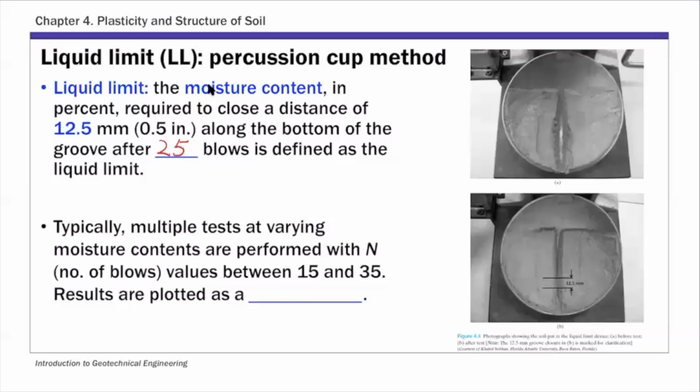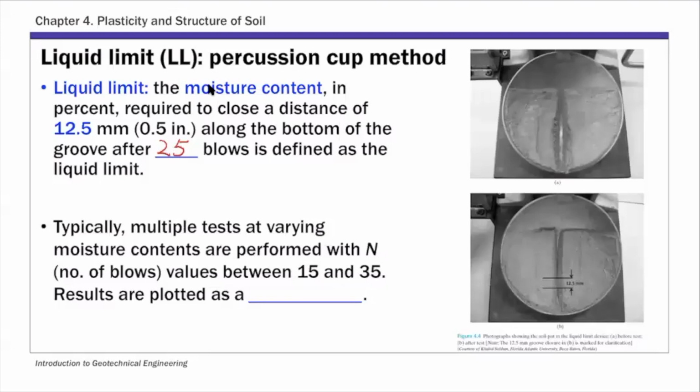But in reality, as you change the moisture content, it takes different numbers of blows or drops to close that gap. And it's very, very difficult to get exactly 25 blows to close that. So in this test, what you typically do is you prepare multiple soil samples. Each sample has a different moisture content. And then it will require a different number of blows to close that gap. And then you plot the results.